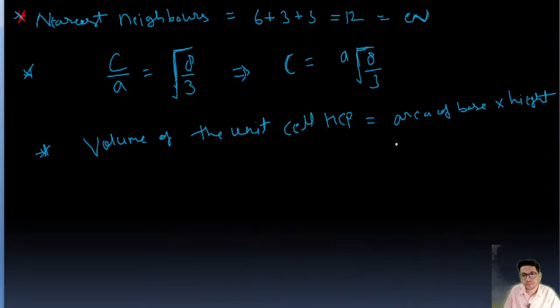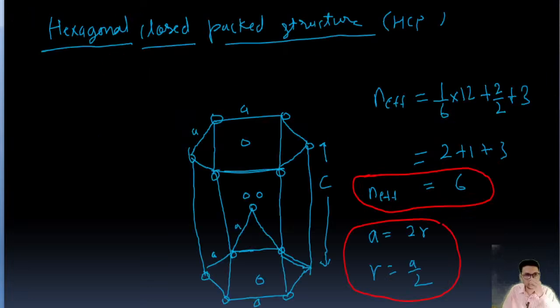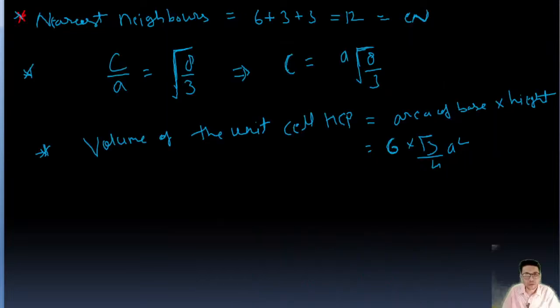So it is going to be 6 into the area of a triangle. The area of an equilateral triangle is root 3 by 4 a square. All sides are a in the hexagon, right? So 6 into root 3 by 4 a square is the area of the base.